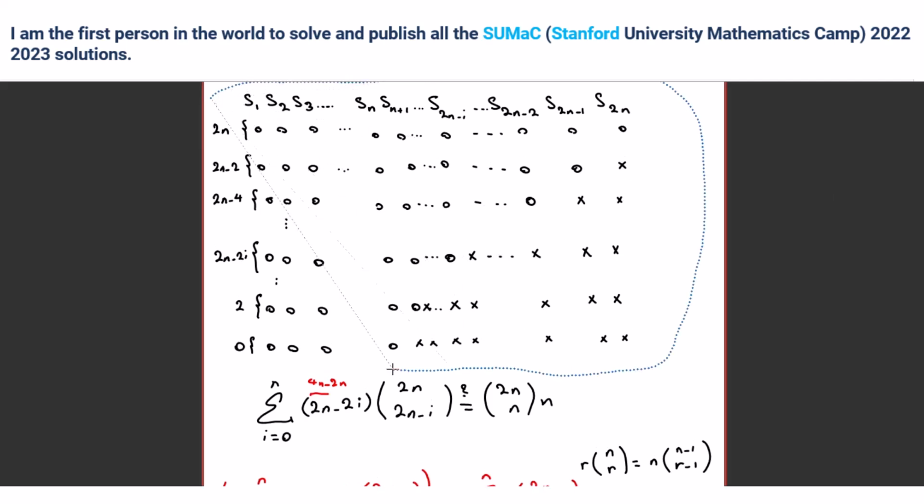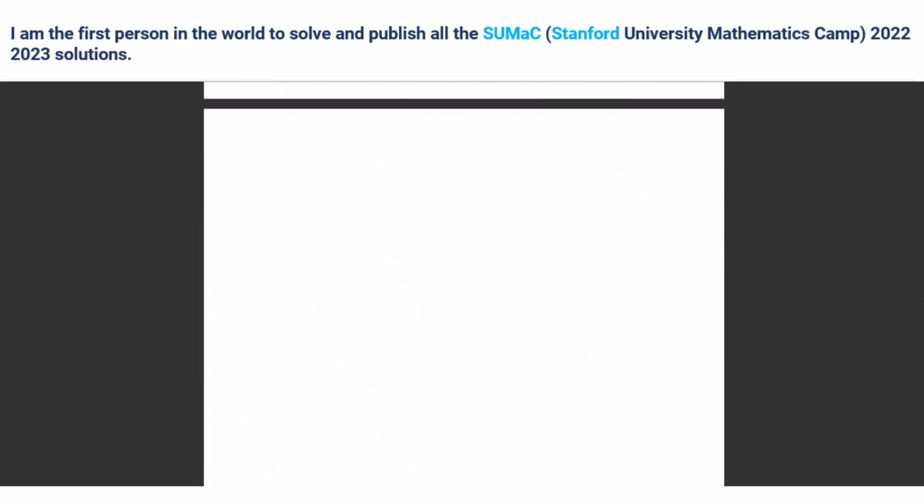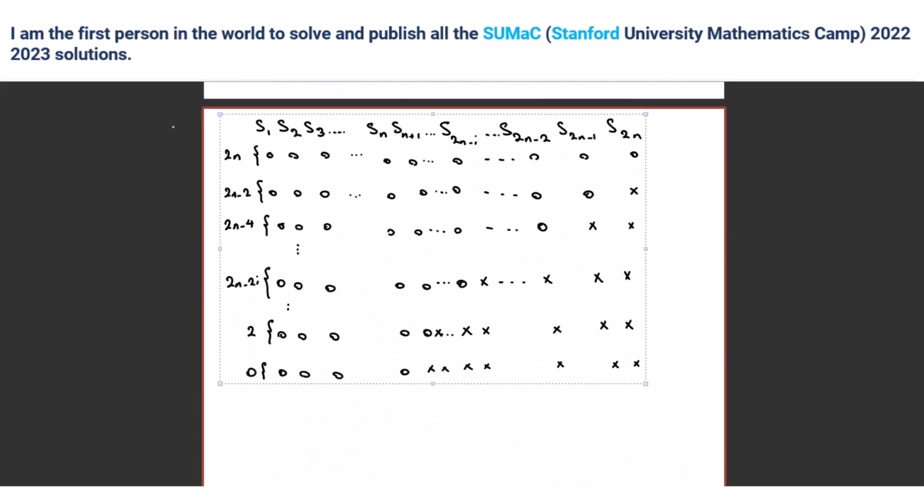We should prove why 2n minus i divides S1 intersect S2 intersect S3 all the way to 2n minus 1. i is from 0 to n.